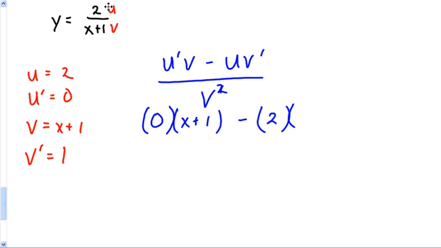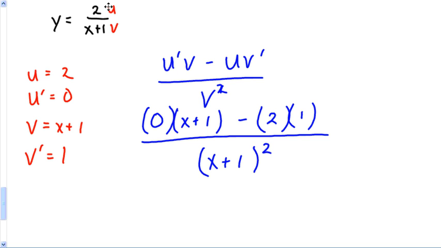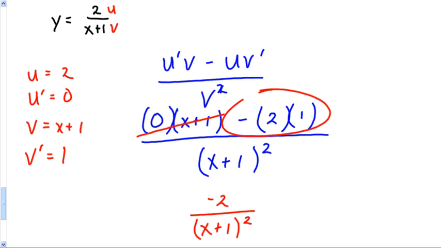Look at that, v prime is 1, over v squared, which is x plus 1 squared. All that cancels, and we're left with negative 2 over x plus 1 squared.